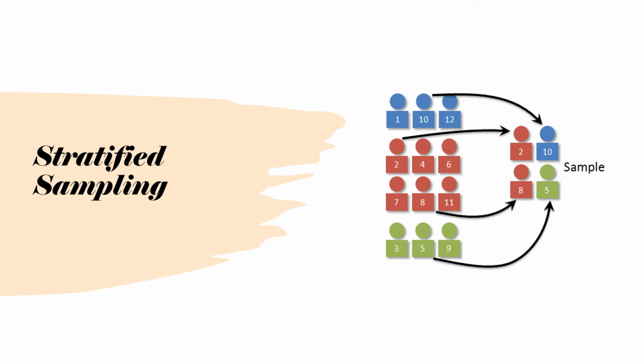From each subgroup, the first subgroup we are picking 1, from the second subgroup we are picking 2, the third subgroup we are picking 1. So altogether a sample of 4 is selected, and that is stratified sampling.